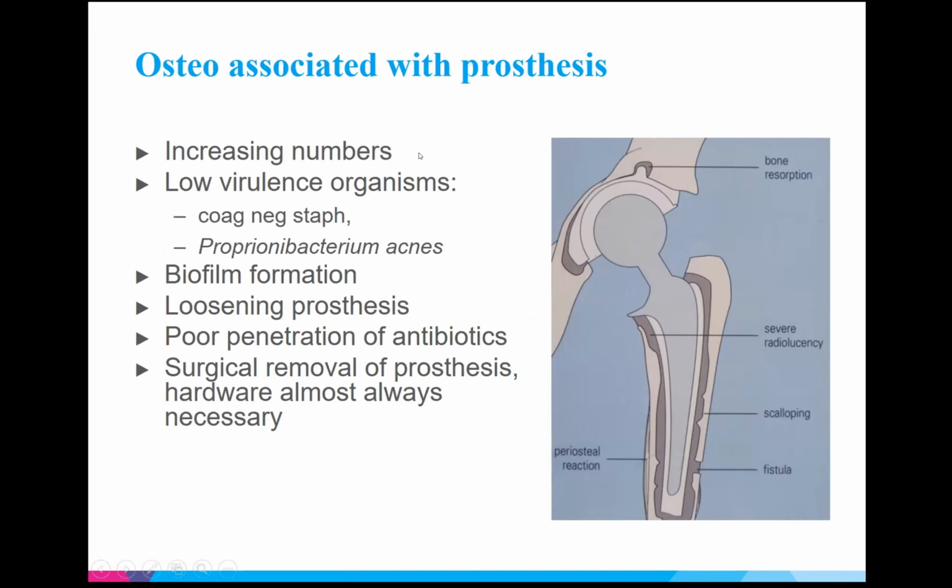But just to show you that they are increasing in numbers, only because we are replacing hips and knees in a lot of patients nowadays with an aging population, and also, unfortunately, because we have more overweight people in the country, or even the world, right? Because of the nature of prosthetic devices, we actually see a lot of coagulase negative staph, or Propionibacterium acnes causing infections in these cases.